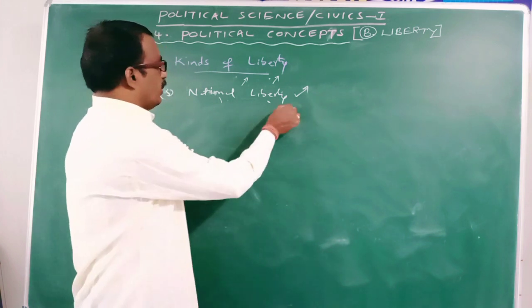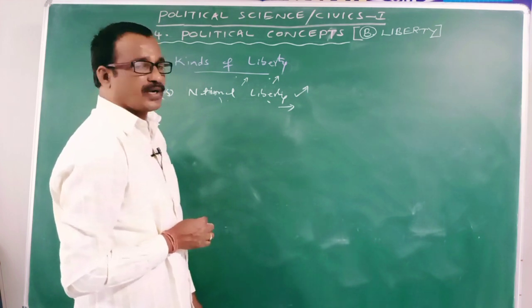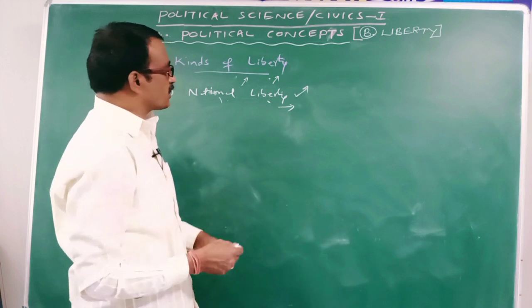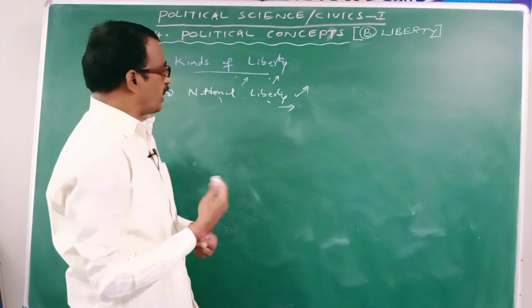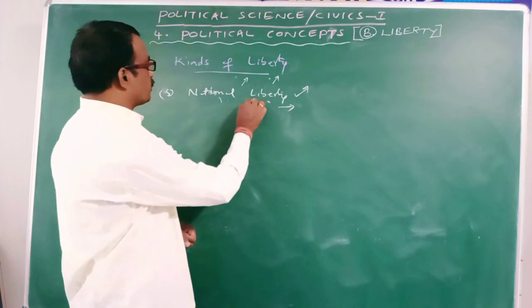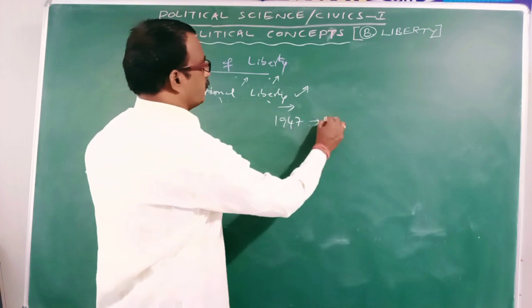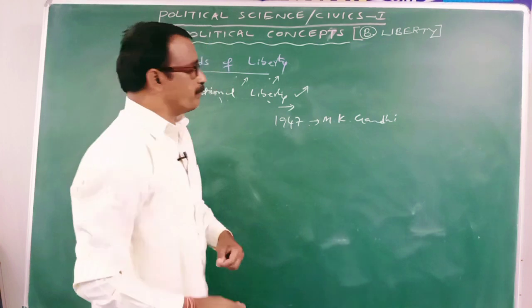To achieve national liberty throughout the world, many countries made efforts. For example, Indians also made sacrifices for achieving national liberty. We achieved national liberty in 1947 under the leadership of Mahatma Gandhi from British rule.